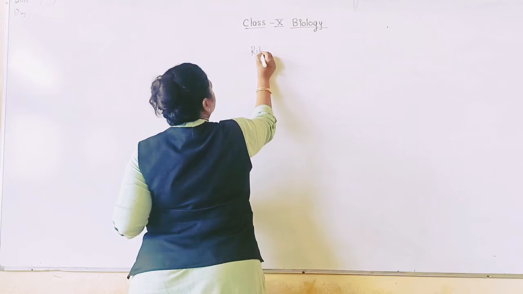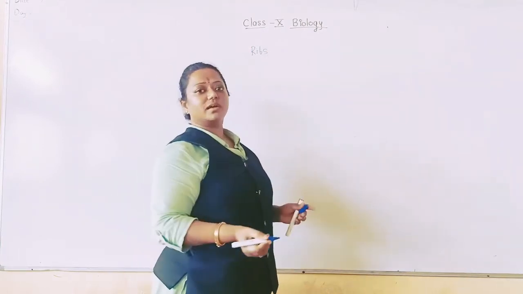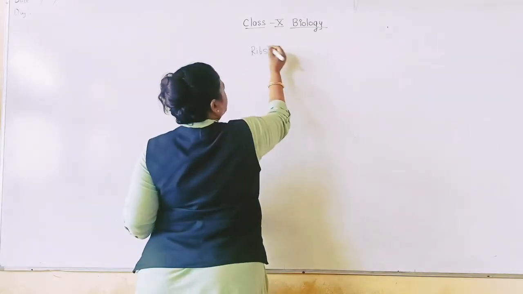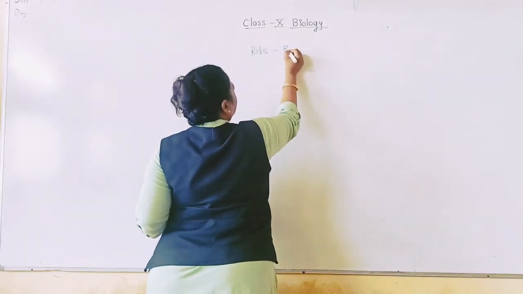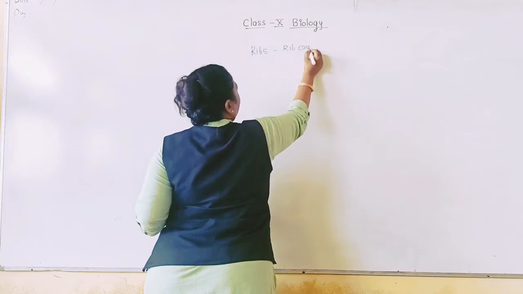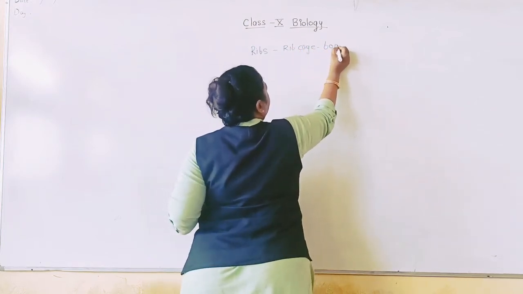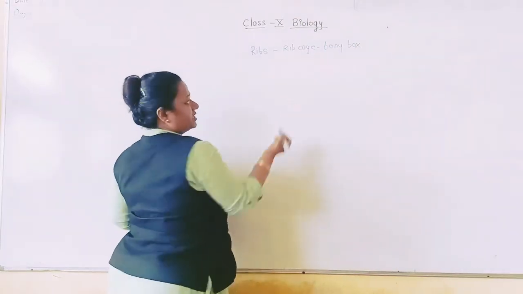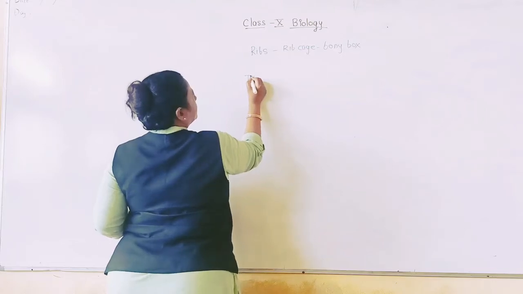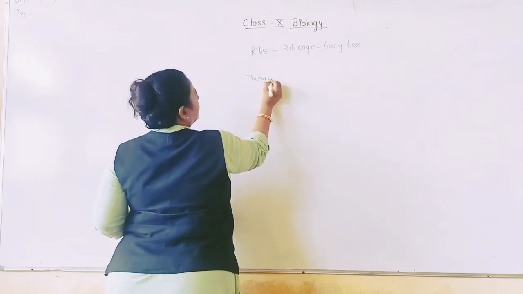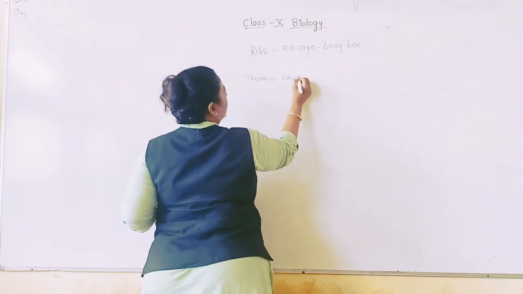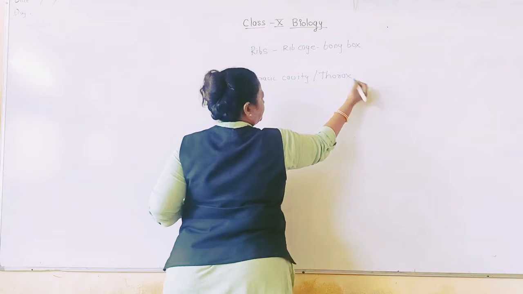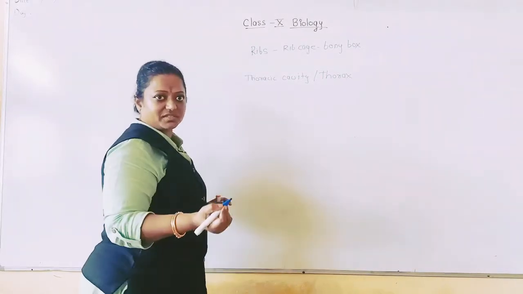These ribs are present in the thoracic cavity. Ribs, or the rib cage, make the thoracic cavity. The rib cage is actually a bony box, we can say. Okay, so the rib cage is also called as what? Thoracic cavity. This rib cage is called the thoracic cavity, or it is also called thorax. Rib cage.